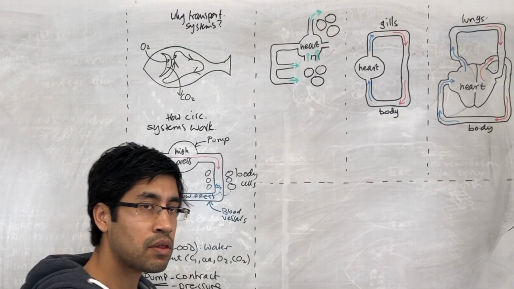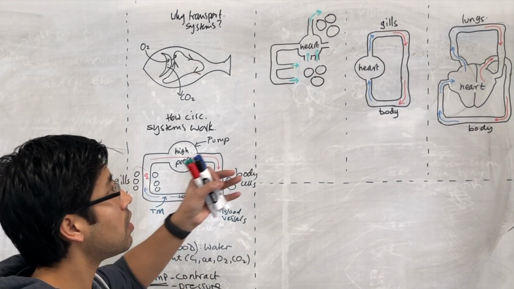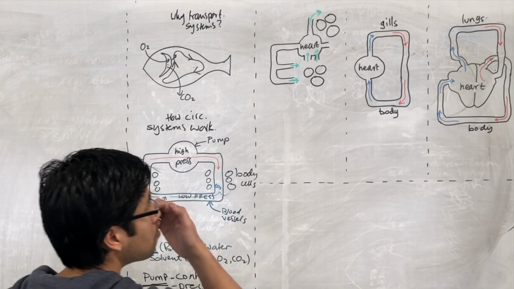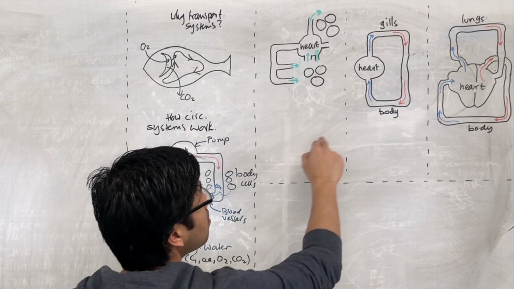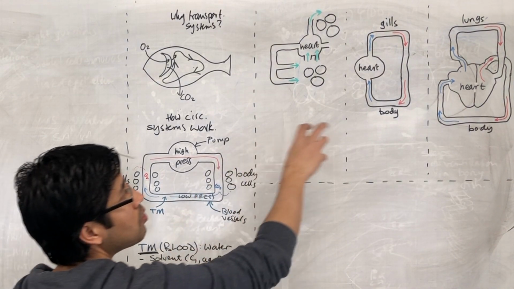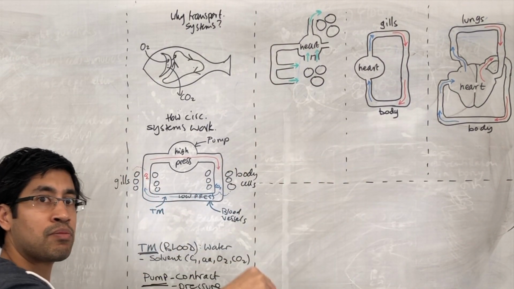The next thing that we're going to look at is types of circulatory system, and just compare them and consider the reason why there's been this gradual evolution of the transport system.